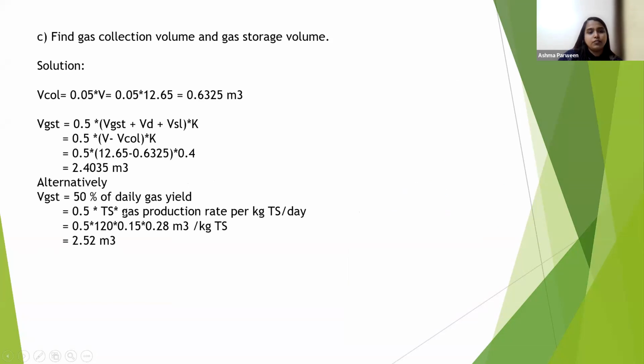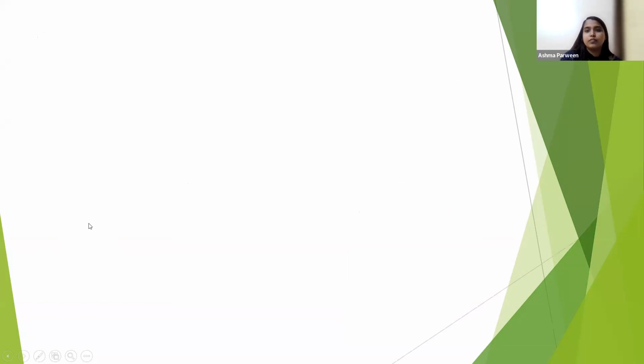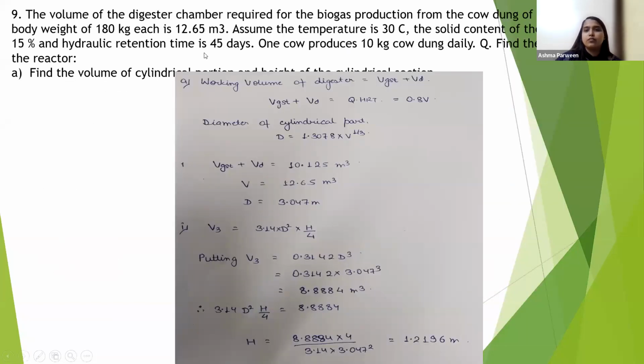We have 0.5 into gas production rate, that will be 0.28, and we have to find the total solids. So we will find the total solids from the question. We have been given 12 cows, and each cow is producing 10 kg cow dung, and out of this 15% is the total solid content.